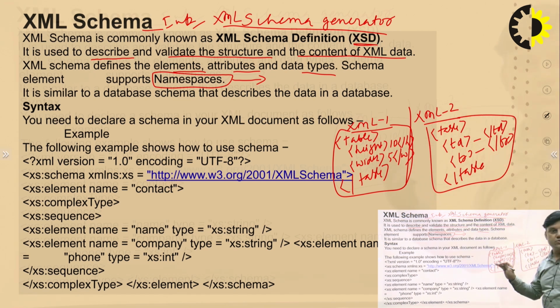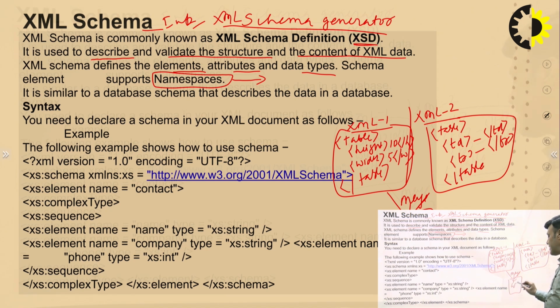I have these two XML files. In the first I have used table in respect of the dimensions of some hardware table, and in the second I am using the XML table. Now I want to merge these two documents. After merging, this single document will give an error.